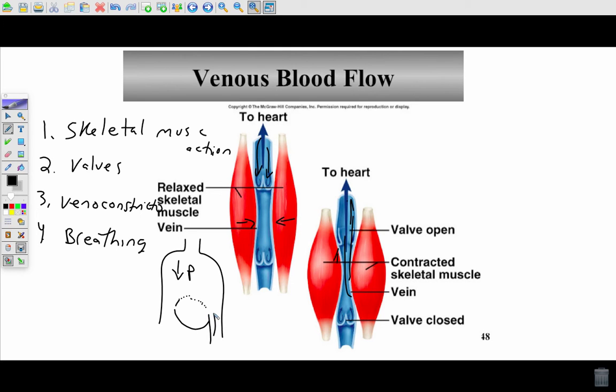As that pressure goes down, the blood vessels, like the inferior vena cava, for example, can force their blood up towards the heart because the pressure in the thoracic cavity dropped. Now, when we let out that breath, our diaphragm goes back up into the thoracic cavity and the pressure increases. So every time we take a deep breath, the blood can move towards the heart.